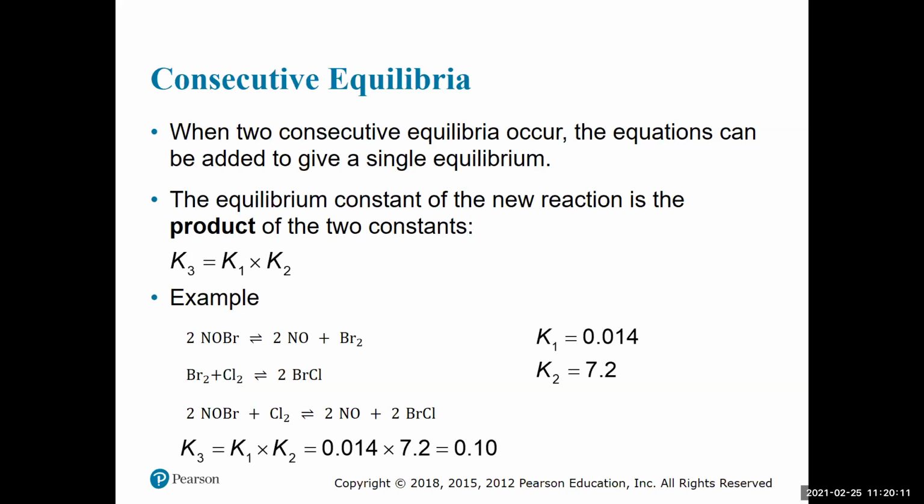And then we have our overall reaction down at the bottom. If we want to know the equilibrium constant for the whole thing, and we knew the individual equilibrium constants, we would just simply multiply those individual equilibrium constants together to get the overall one.